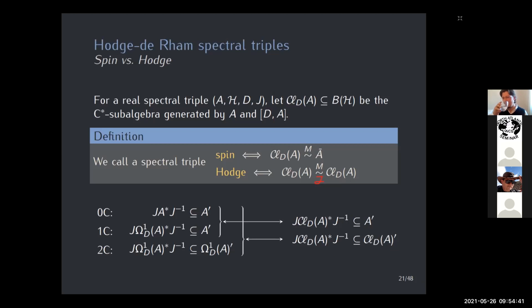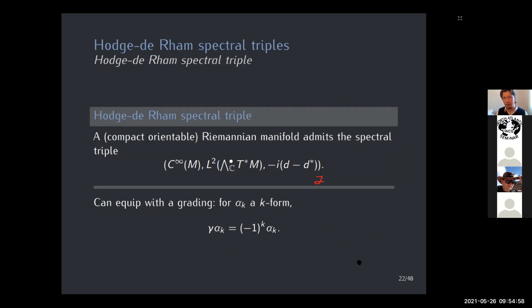Okay, so as I was saying, we were interested in finding out if it was ever the case that a commutative spectral triple would satisfy this Hodge condition. So to do that, we looked at the Hodge-de Rham spectral triple, which is sometimes called a Riemannian spectral triple.